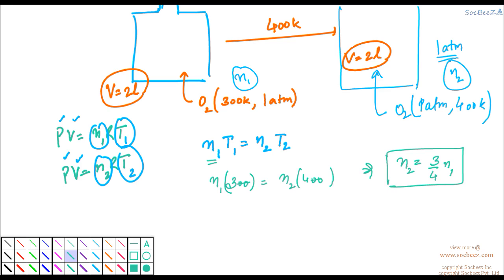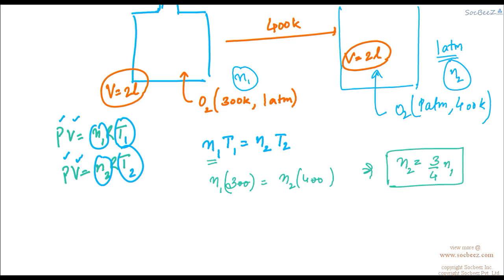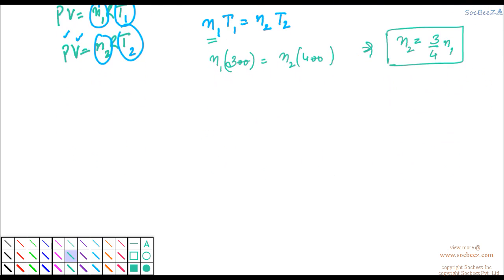So this is the relation that is given to us by the given conditions, that it is taken from 300 Kelvin to 400 Kelvin under the open stopcock condition, right? Which says that almost one fourth of the gas, of O2, has been lost, right?